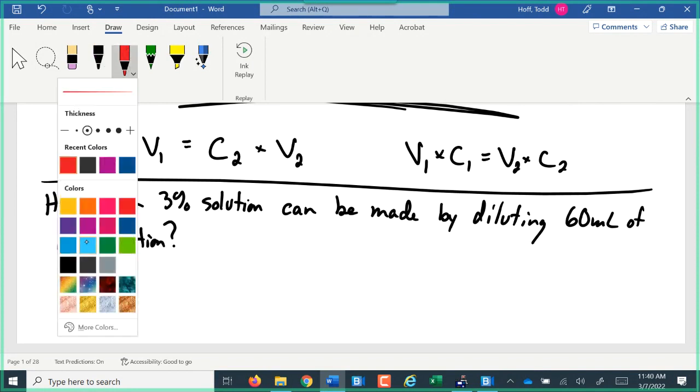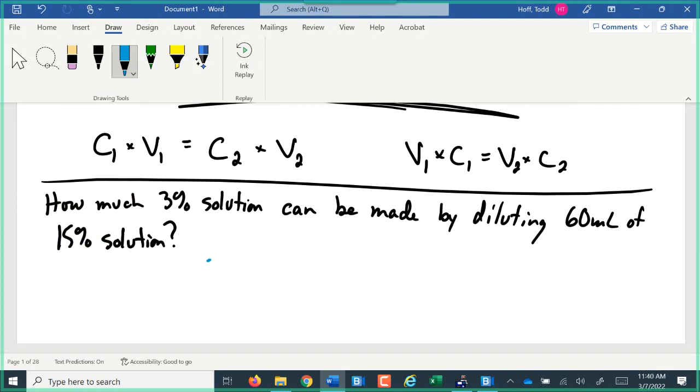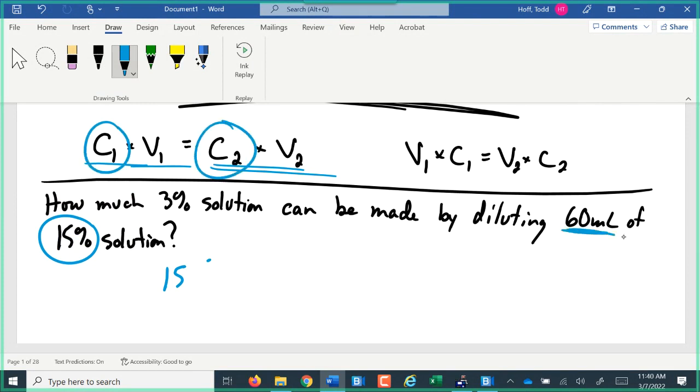So using our formula, C1V1 equals C2V2, we start out with our beginning concentration. That would be the 15%. I can either write it as 0.15 as a concentration, or I can leave it as a percent, as 15. Whatever I do with that concentration, I have to do the same with the other one. And its volume is 60 milliliters.